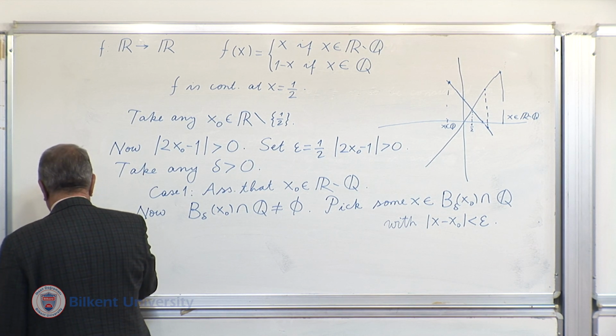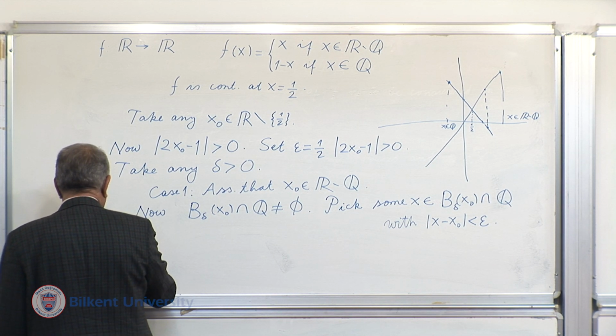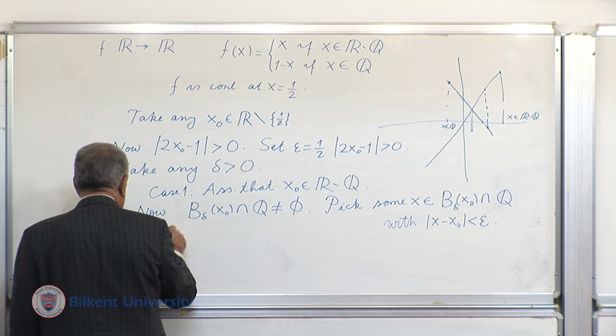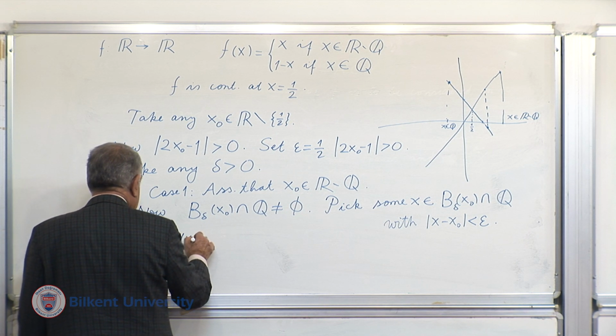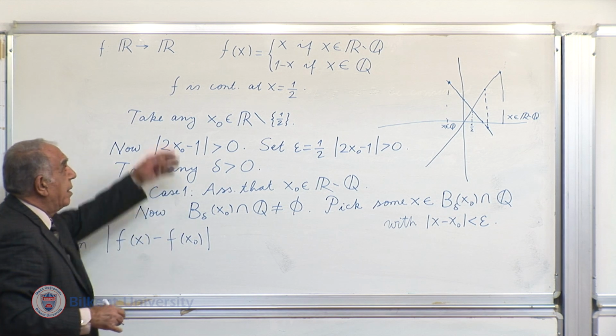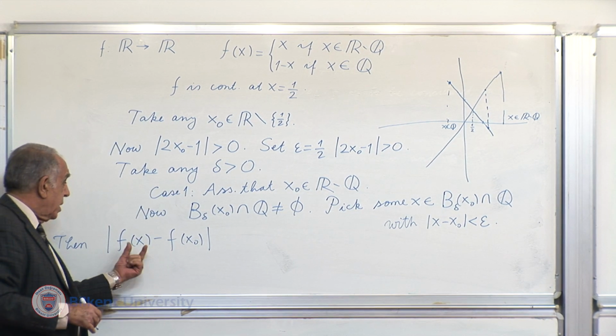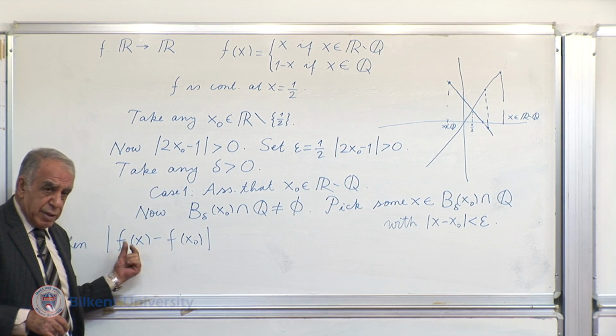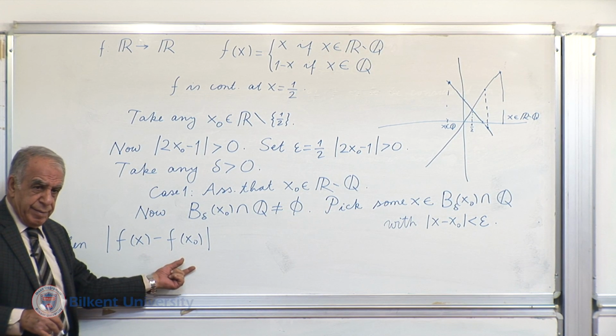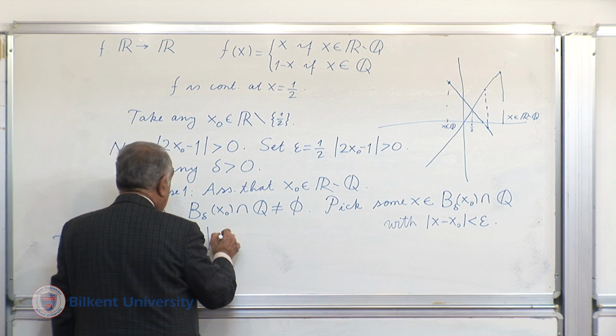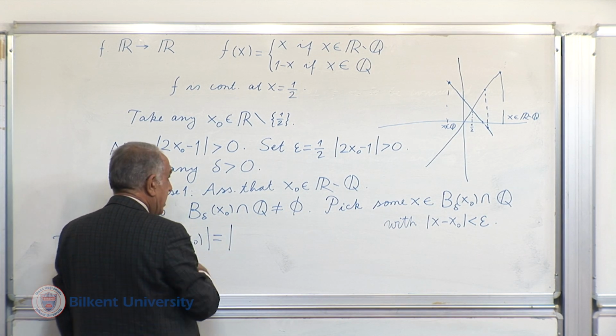Then f of x minus f of x0. Well, here we're in R, the usual distance. The distance between f of x and f of x0 is given by this. Now let's write out in detail what this means.